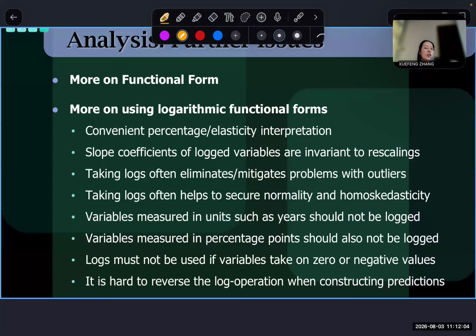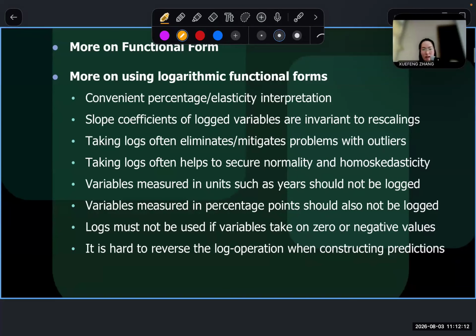Okay, let's talk about logs, when to use them and when not to. So why do we love logs? The first 4 points.